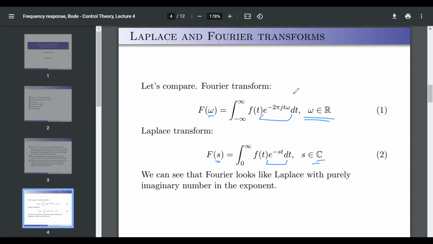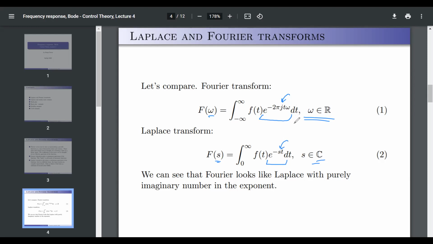Here's the imaginary unit, and everything else is real, so the whole thing is imaginary. This is a complex number that can be imaginary, real, or a combination. So the two are different in this aspect: this is purely imaginary, and this is arbitrarily complex.